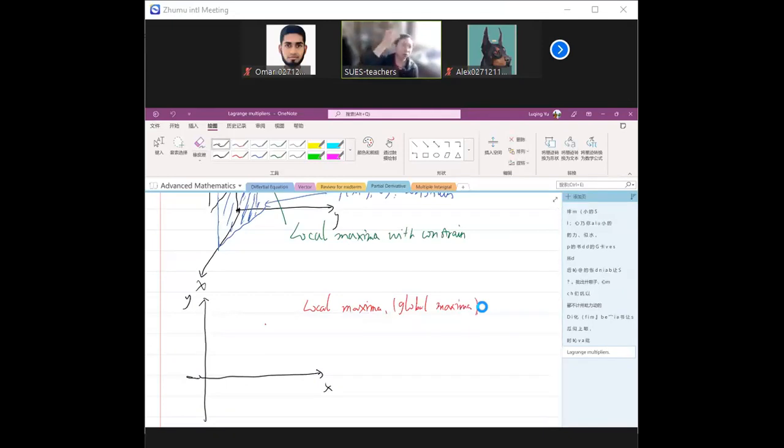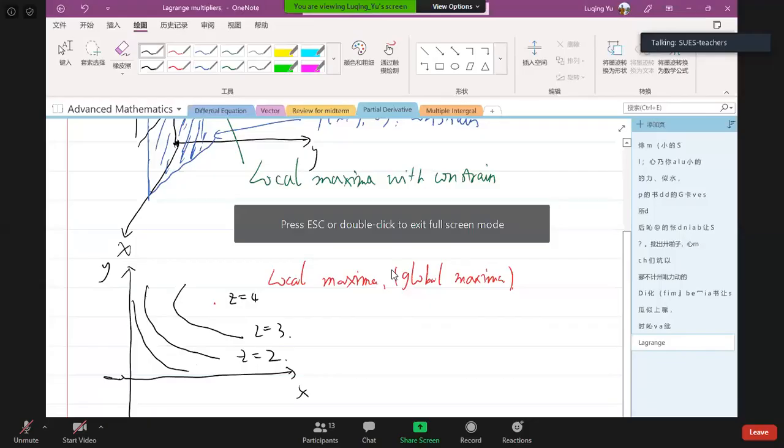Just to recall, here the local maximum z is equal to 4. Then we will find a curve, the projection of the 3D paraboloid into the 2-dimensional space. Here z is equal to 3, and then a curve where z is equal to 2, and a curve where z is equal to 1.